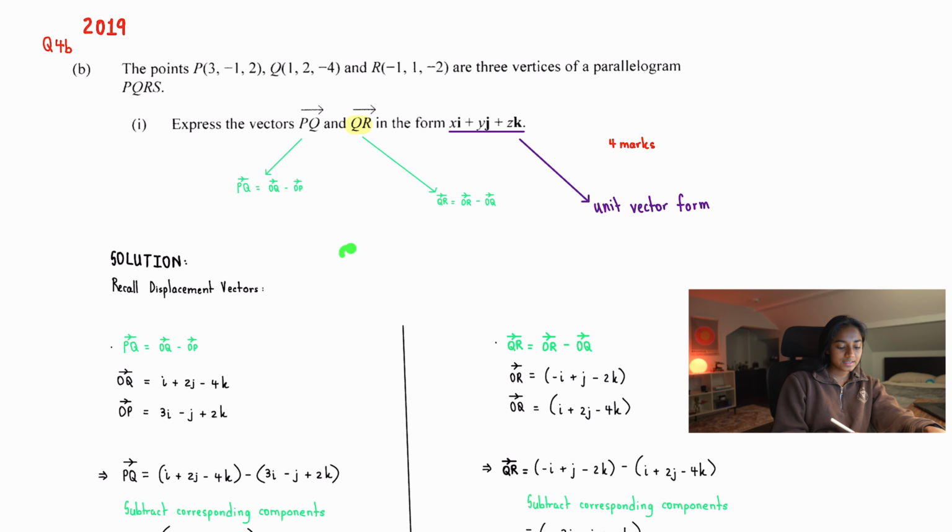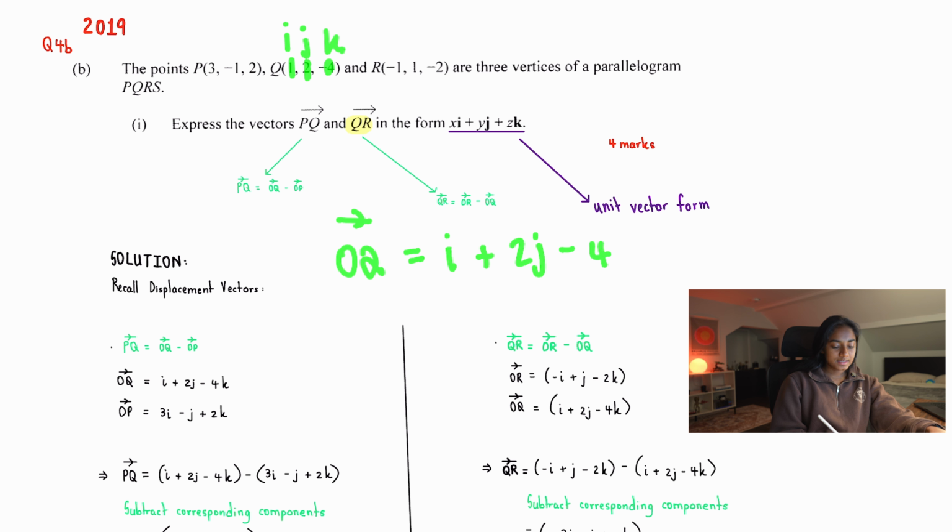So we are going to get OQ first to be, let's see what Q is, 1, 2, and minus 4. Remember that we are going to put it into a unit vector form. So we have I, J, and K. And remember the signs as well, okay? So this will be I plus 2J minus 4K.